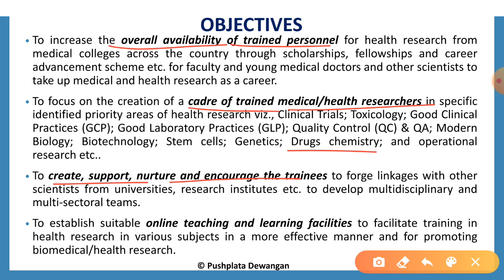And the last objective is to establish suitable online teaching and learning facilities to facilitate the training in health research in various subjects in a more effective manner, and for promoting biomedical and health research.